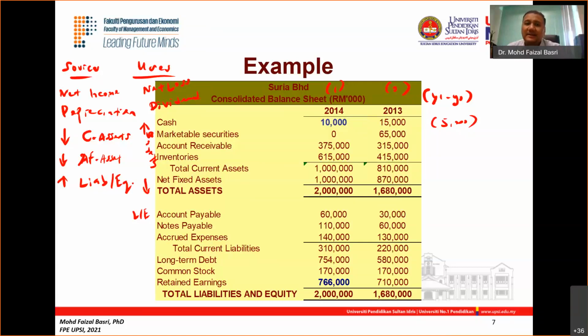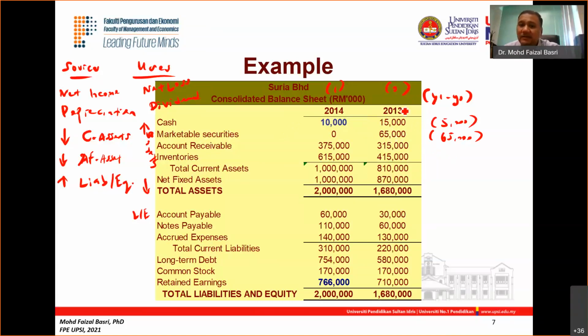Second item, marketable securities. From 0 minus 65,000. So what does it mean? 0 minus 65,000, again a negative 65,000.